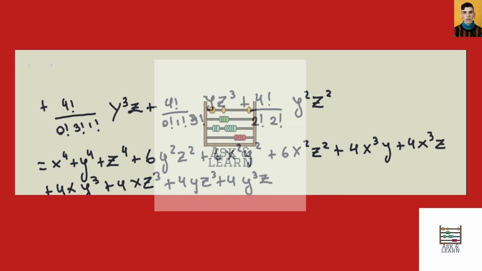And those terms are then going to be 12x squared y z, plus 12x y squared z, plus 12x y z squared. And that's the expansion that we were searching for.